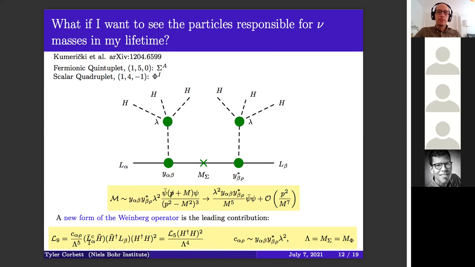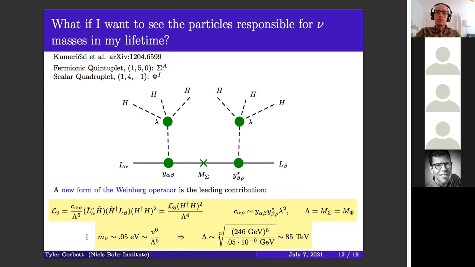This matches on to, instead of the Weinberg operator, a whole new operator. It looks like the Weinberg operator multiplied by h dagger h squared. So instead of Wilson coefficient over lambda to the 1, I've got Wilson coefficient over lambda to the 5th. The mass matrix prediction looks like this, and the heavy mass scale is the scale of the sigma and the phi, which I've taken to be the same.